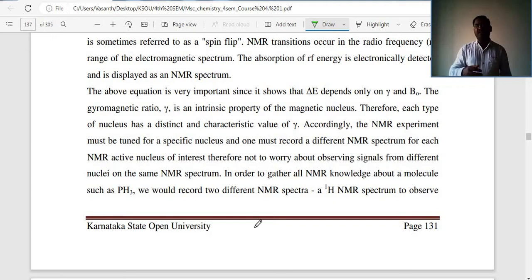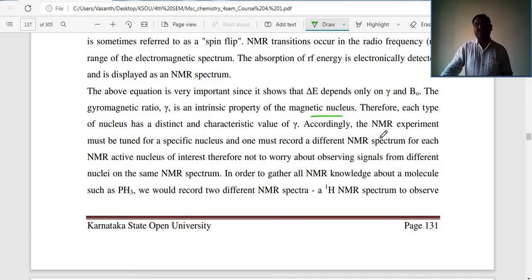The above equation is very important since it shows that delta E depends only on gamma and B0. The gyromagnetic ratio is an intrinsic property of the magnetic nucleus.